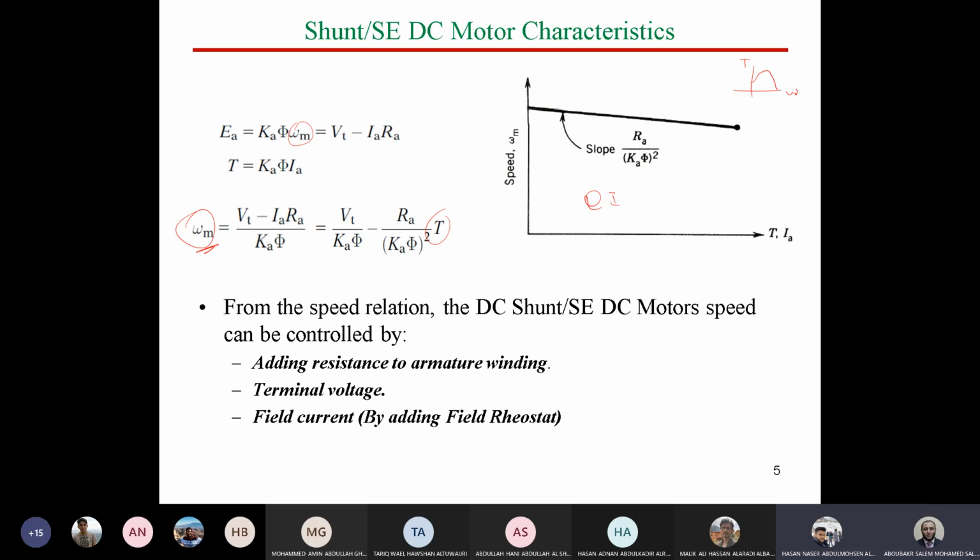This is not the standard orientation of the curve for electrical drives. The standard orientation is speed on the vertical axis, and torque on the horizontal axis. So this is the standard orientation for electrical drive curves.